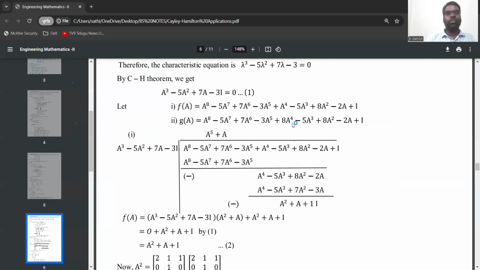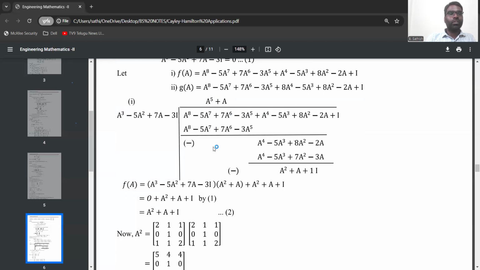We have to observe each and every term, next minus 5A cube plus 8A square minus 2A plus I. Sometimes we don't observe these coefficients, so we might simply say that both are the same and stop finding the second value. But we have to observe whether the two function values are the same or not, and the coefficients also. Here the coefficient of A power 4 varies compared to the first part. That is the reason we are discussing the second part also.